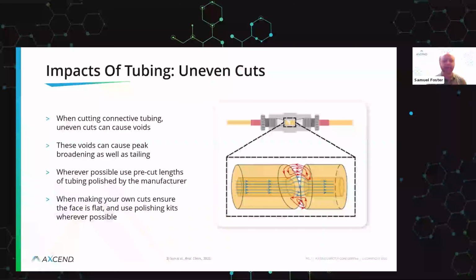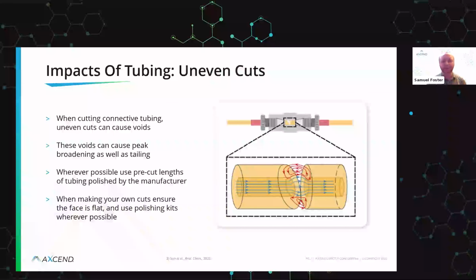However, as we can see in this figure over here, if you don't get that cut perfectly flat, you can introduce void volumes. And what those do is they'll dramatically increase your band broadening. I mean, we saw the dramatic shift from a 100 micron ID tubing to a 25 micron ID tubing. That maybe cut out portions of a microliter. In here, this can introduce that same, potentially microliters of dwell volume, which can result in significant peak tailing.